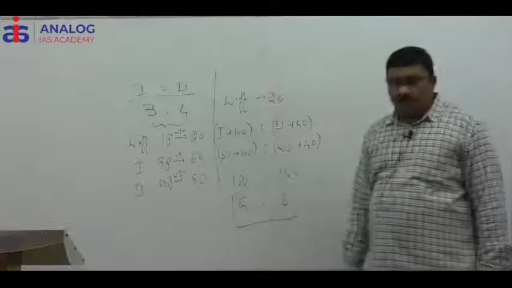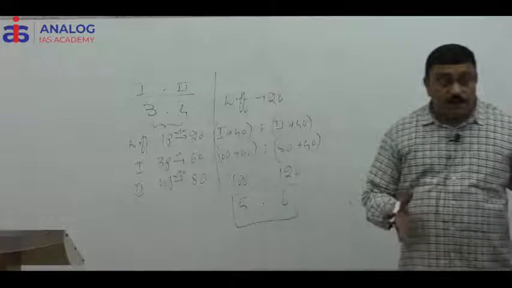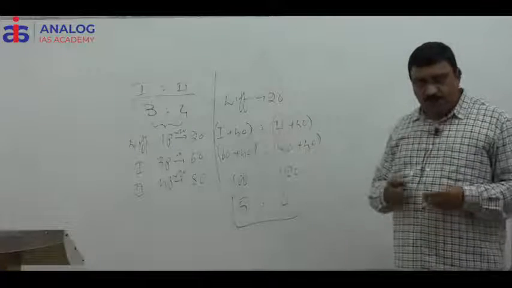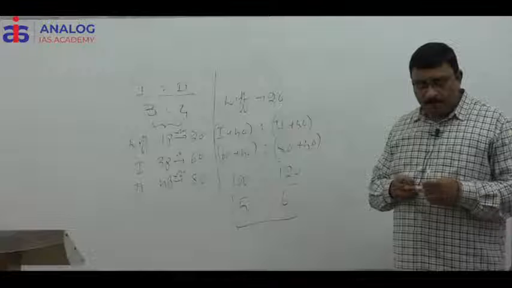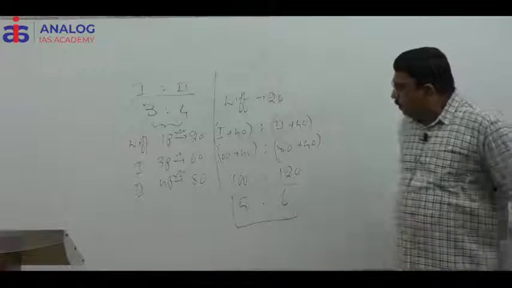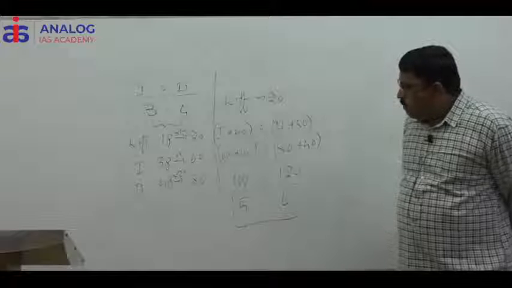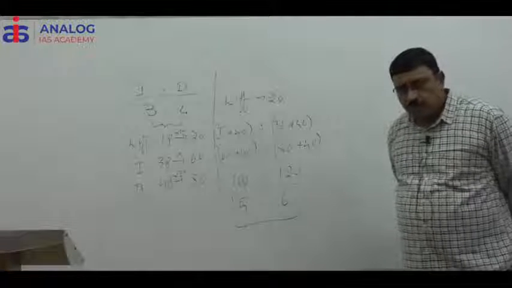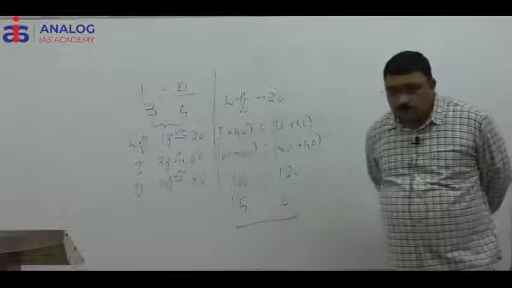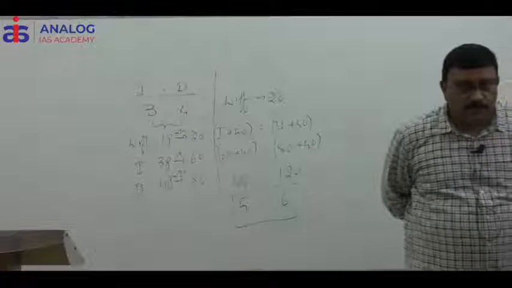So the numbers are in the ratio 5:6 after increasing by 40. Just write this one. Okay?